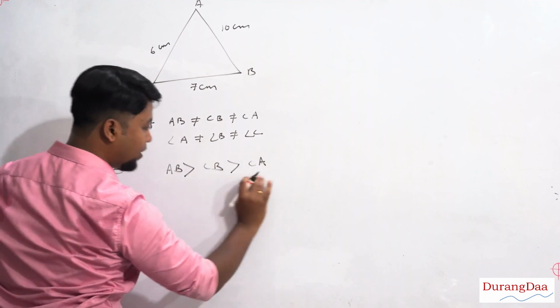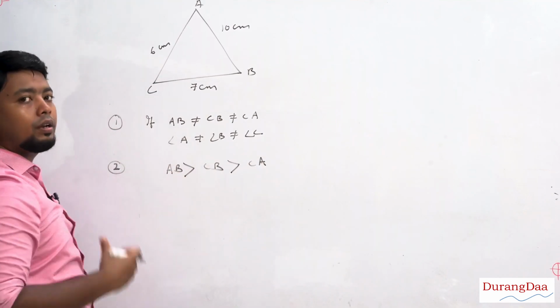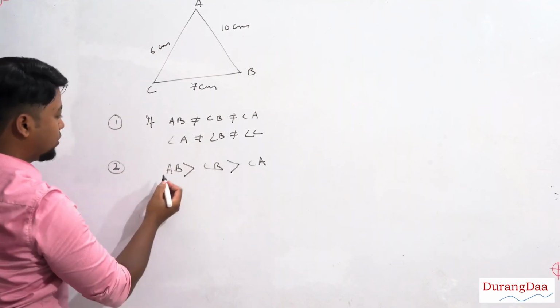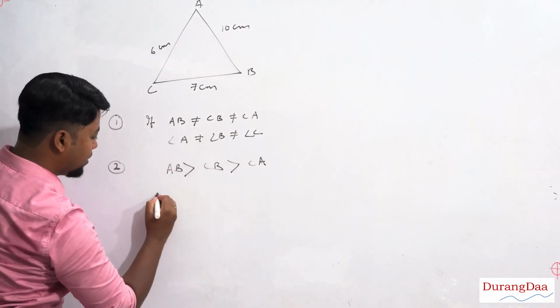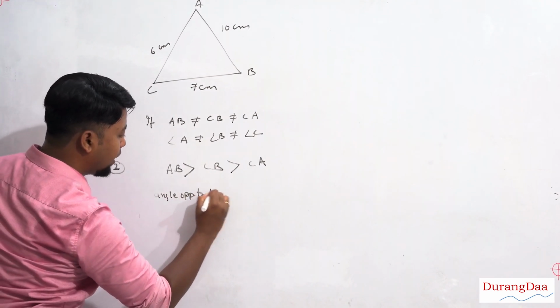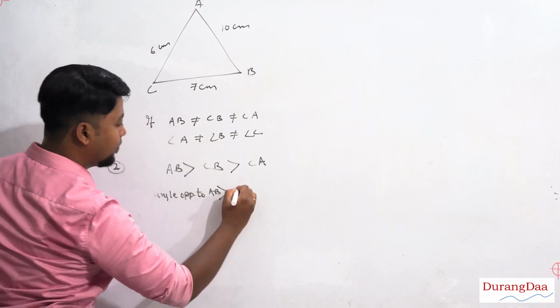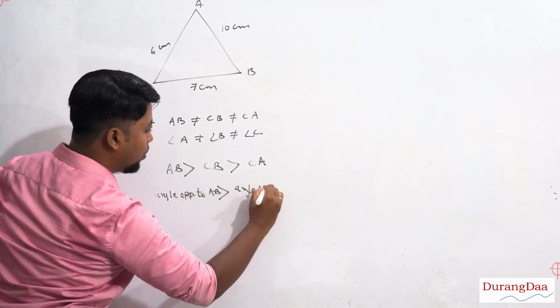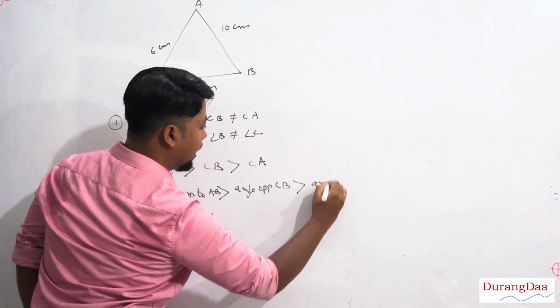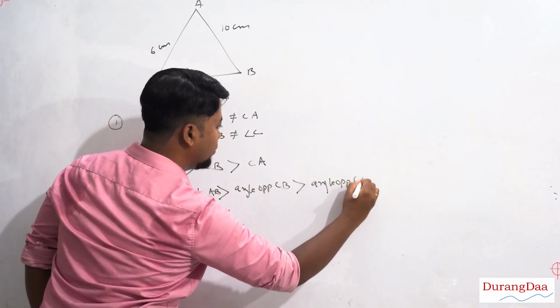From here you can write the angles also in descending order: the angle opposite to AB is greater than the angle opposite to CB, which is greater than the angle opposite to CA.